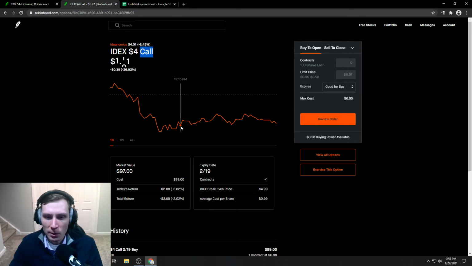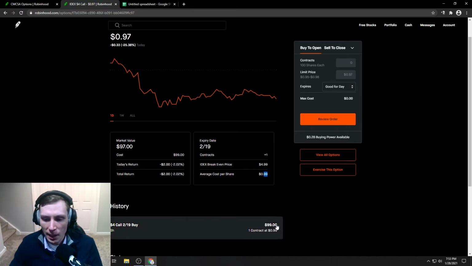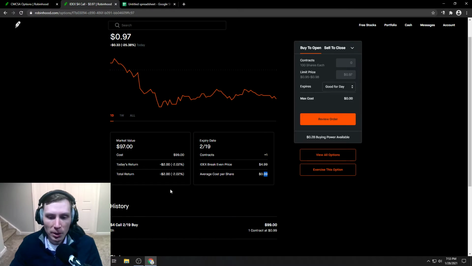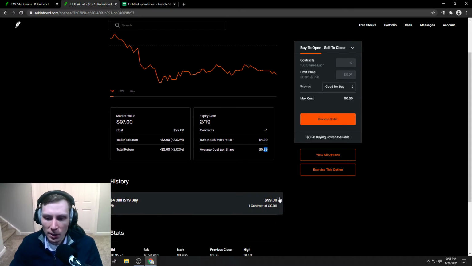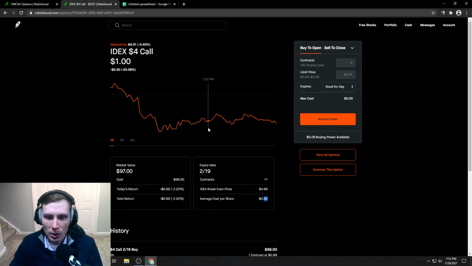I bought it when it was 99 cents per share, but it was $99 because it's 100 shares per contract. So I bought this contract for $99. Right now it's worth $97. You can see that number right up here. But I just bought it today, so I'm hoping, because mine expires the 19th of next month, the value of this will go up and I will be able to sell it.